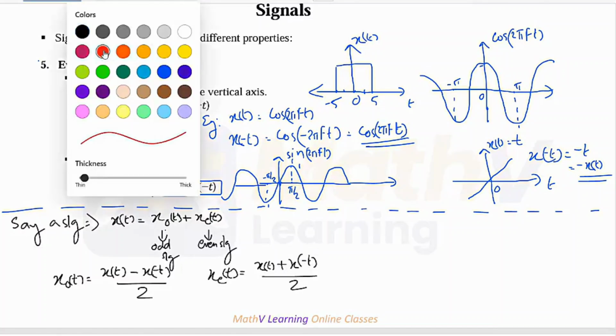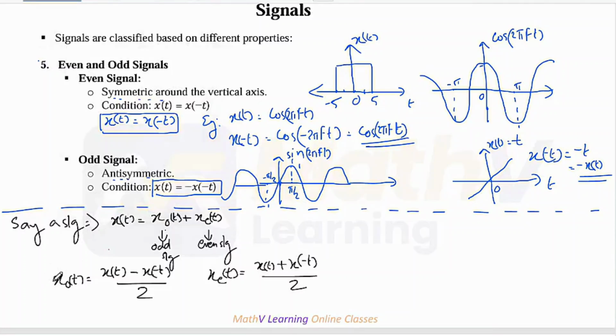Okay, so if I have a signal x of t, we can find its odd component by this relation, and its even component by this relation. This is how we find the odd and even components of a signal.